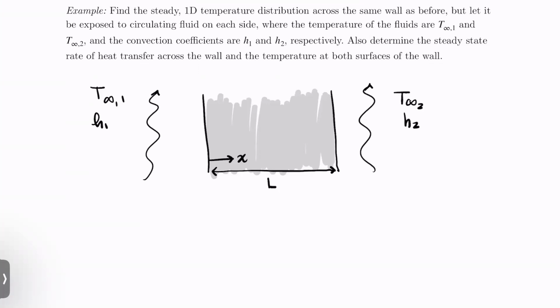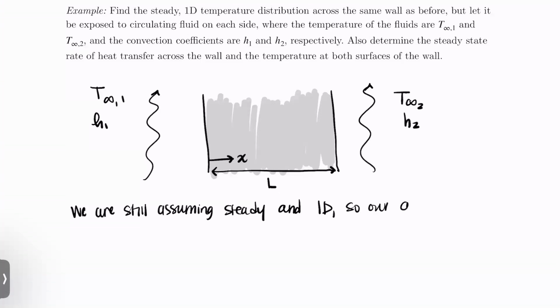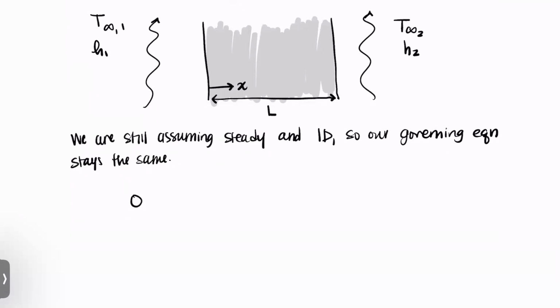So that means our governing equation is the same. All right, so we still have that 0 is equal to d/dx of dT/dx.